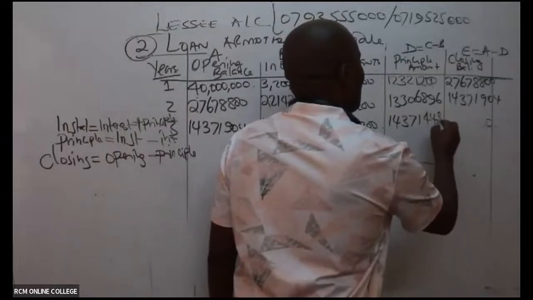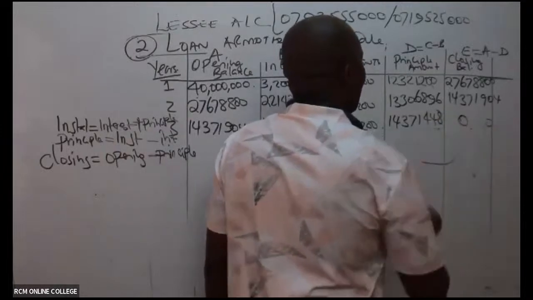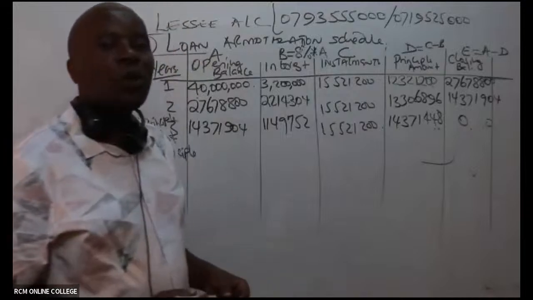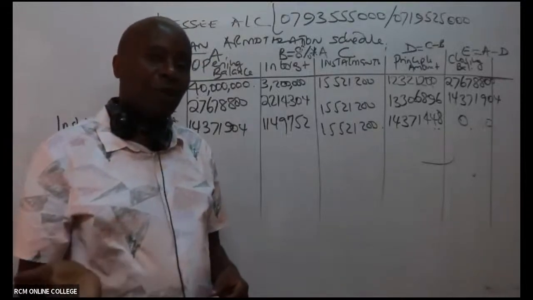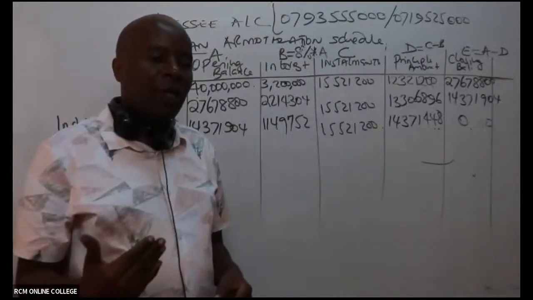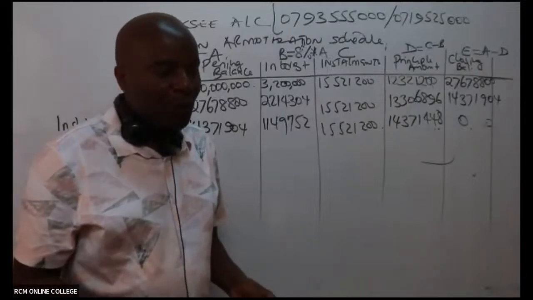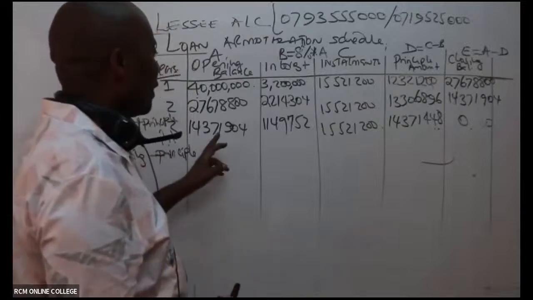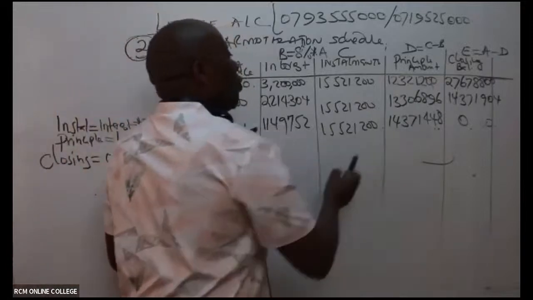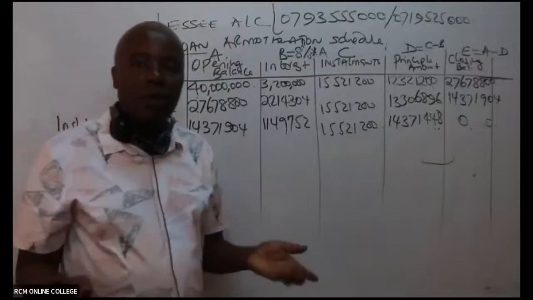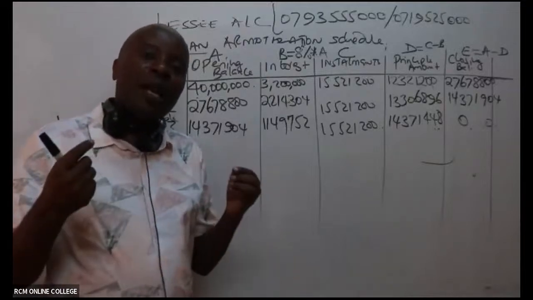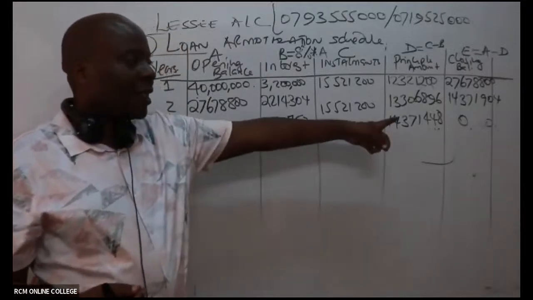Now let me give you a very important thing you're supposed to know. Your loan should always amortize to zero. So when you are subtracting, for example, you take this minus this, you may not get exactly zero, but it will not be clever of us to write that answer there.